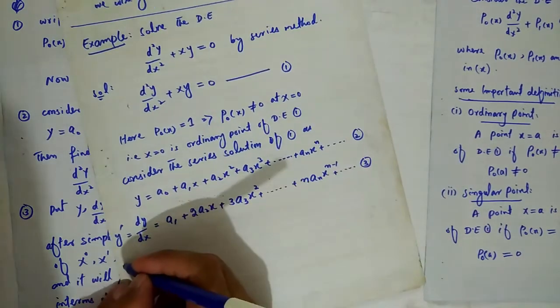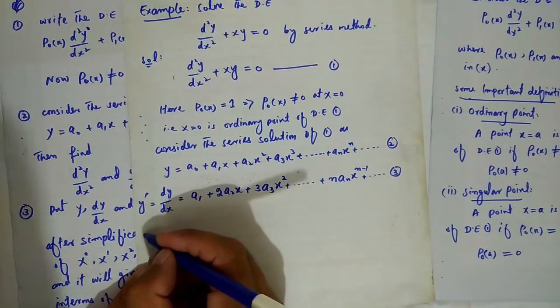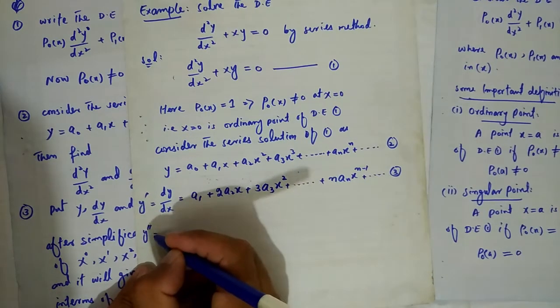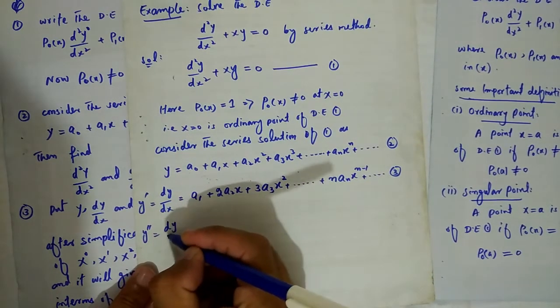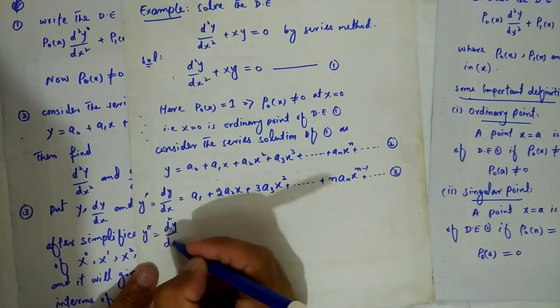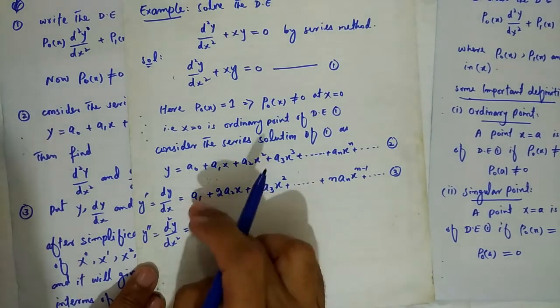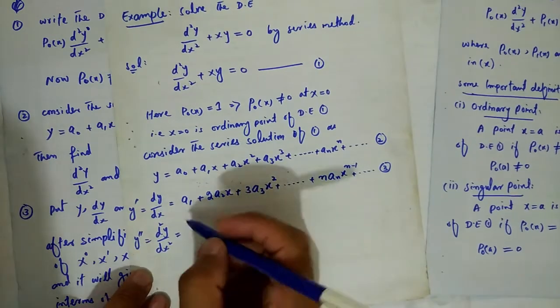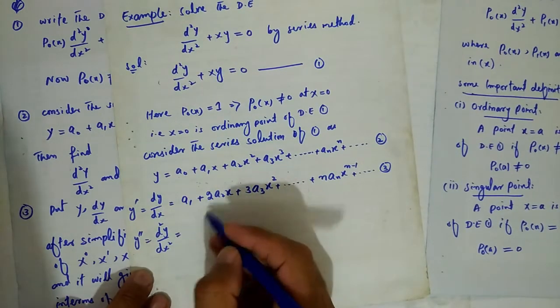So again differentiating, this means the second order derivative, which is d square y upon dx square. So differentiate this equation again, so it will be 0 again because it is constant.